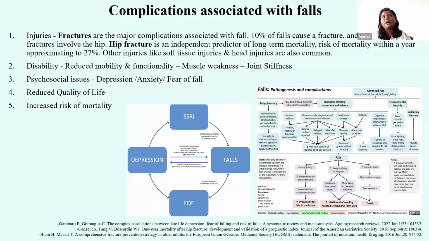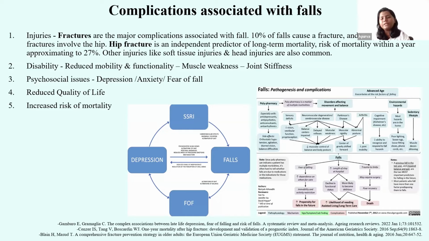Out of these, what literature suggests is 2% involve fractures of the hip. And we all know that hip fracture leads to long-term mortality, where the 1-year mortality rises up to 27%. Also, there are other associated injuries that can occur apart from fracture, like soft tissue injury. There are cases of traumatic brain injury, head injuries, etc.